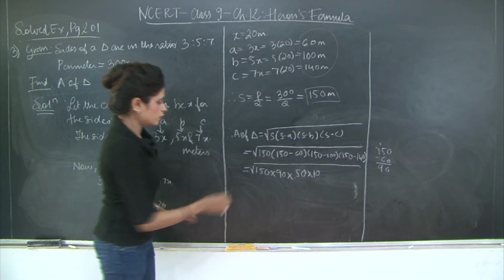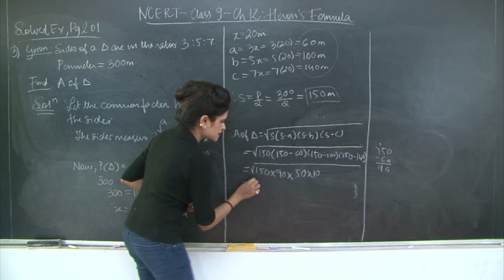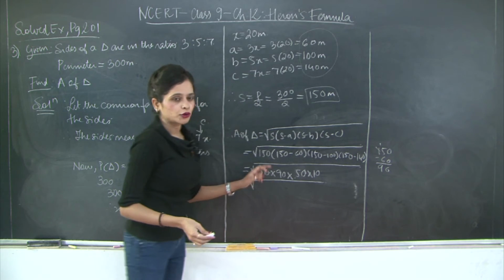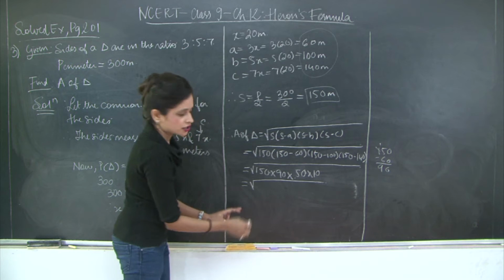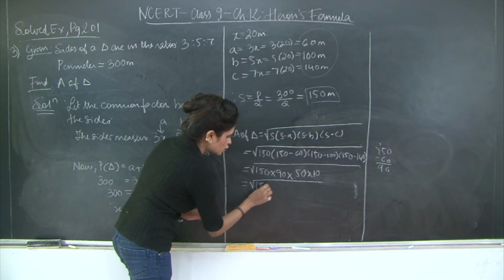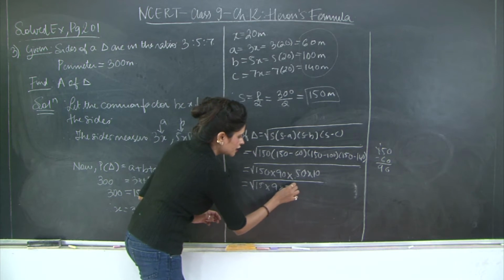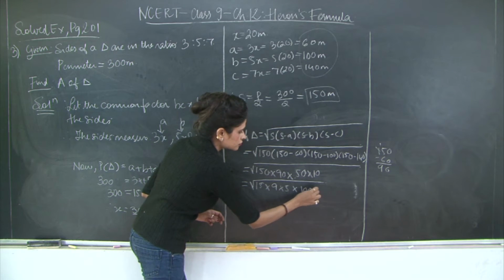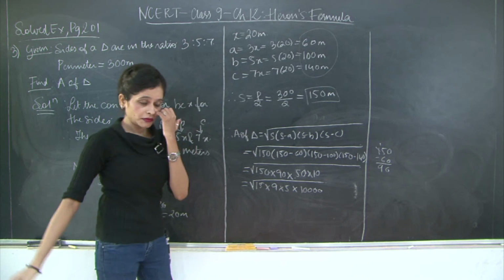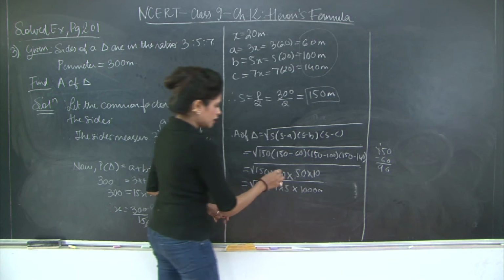Correct? So now what I am going to do is I am going to try and find the square root. So first of all, I see 4 zeros. So I can write this as 15 into 9 into 5 into 1, 2, 3 and 4 zeros. Now why did I keep it like this?